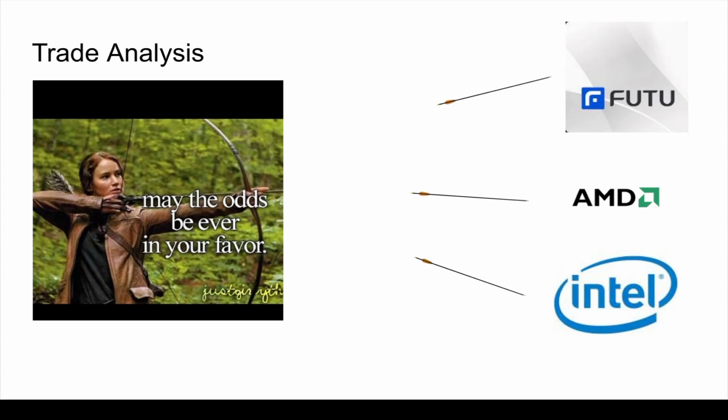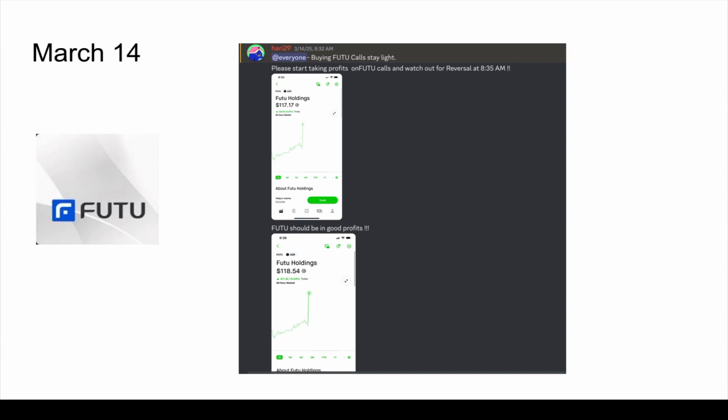So we're going to do some quick trade analysis because I know that's why you're all here. We're going to take a look at Futu from last Friday. We're also going to take a look at two trades today, both AMD and Intel, that came from DT Trader. So let's take a quick look here at March 14th on Futu. We see here that Harry recommended Futu at 8:32 in the morning.